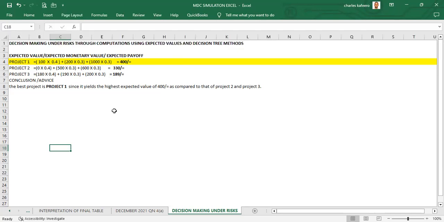That's how we make sure that we get to do that. But we need now to look at the other approach, where we are going to be looking at the decision tree. The decision tree is the one that we are going to look at here.